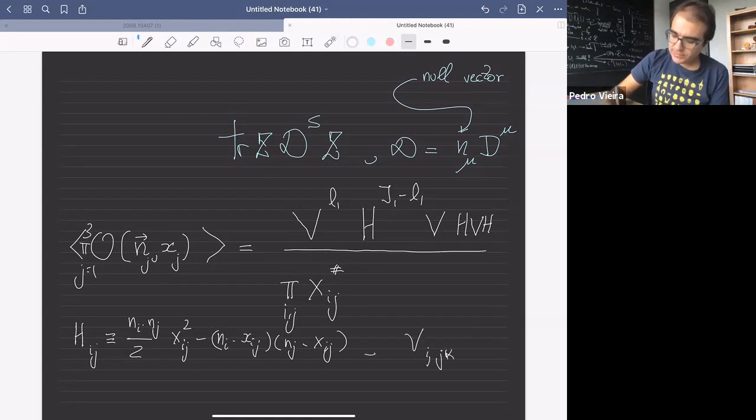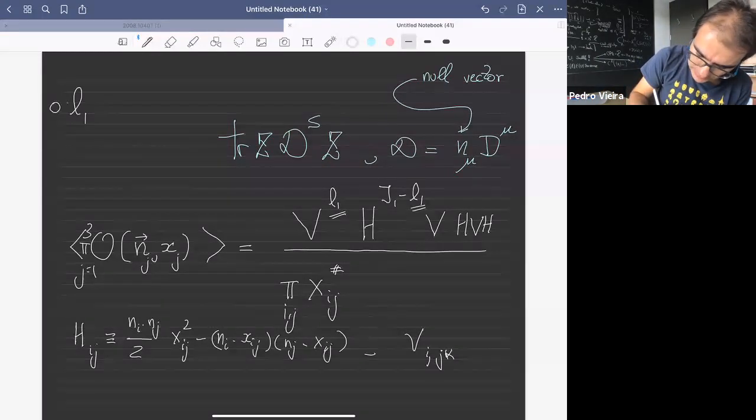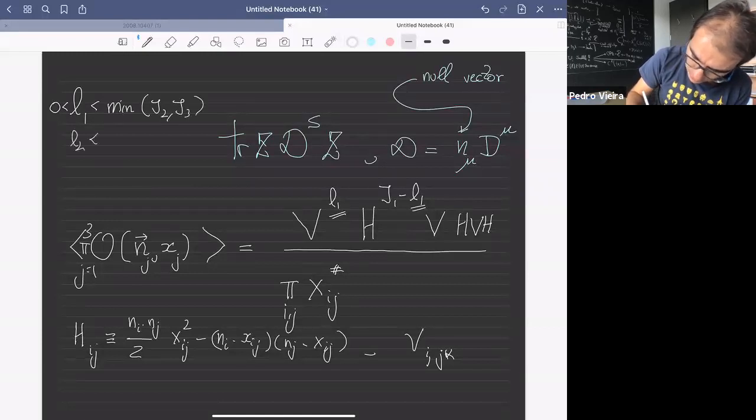And then because of this, there are some integers L, and this L1 is an integer that runs from 0 to the minimum of J2 and J3. L2 goes up to the minimum of J1 and J3.